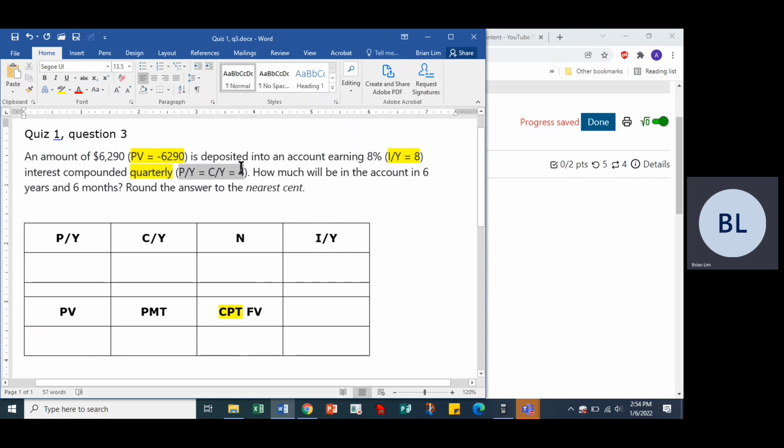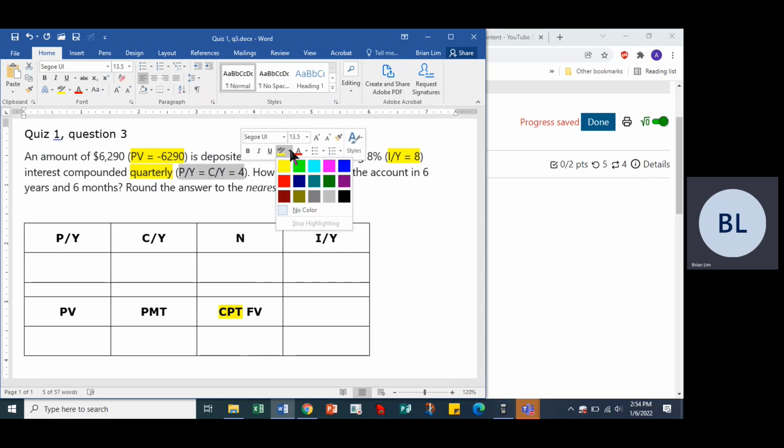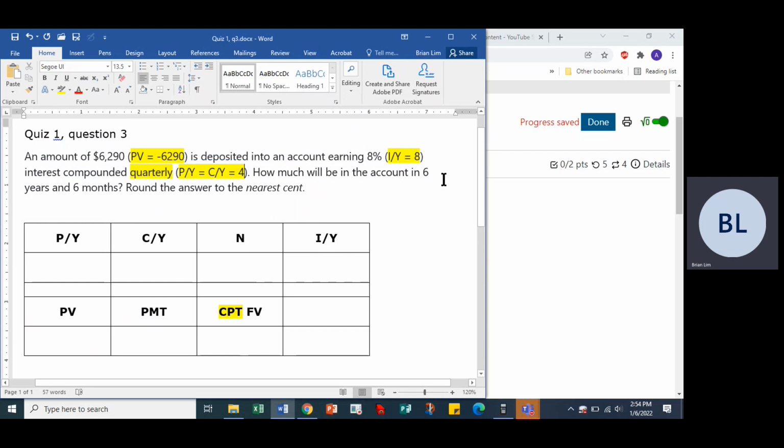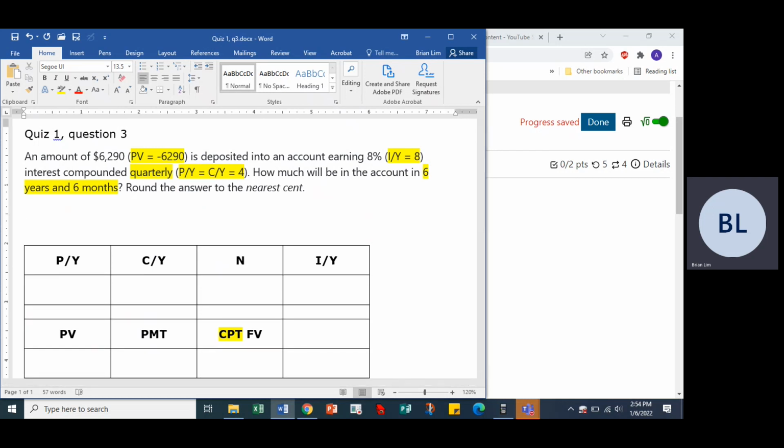Those are the numbers for PY and CY. How much will be in the account in 6 years and 6 months? That is a bit of information that we need to work with.